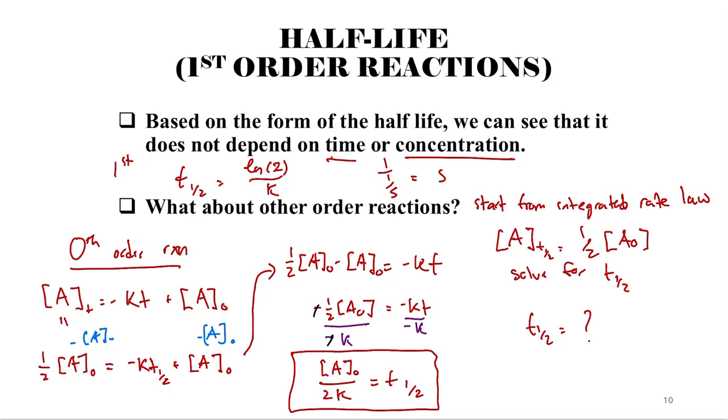And for the plot of concentration versus time, how we can rationalize this a bit is if this is our concentration, this is time. For a zeroth order process, it's a line like that, right? And what's the slope of this line?